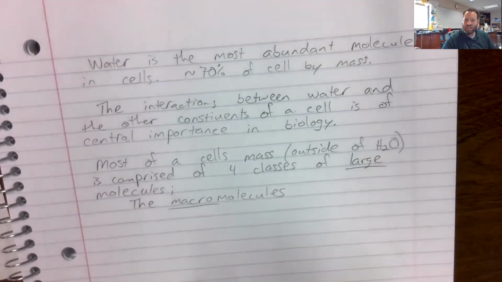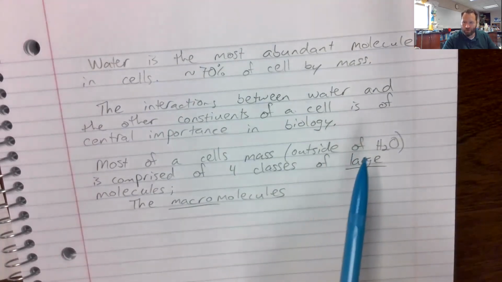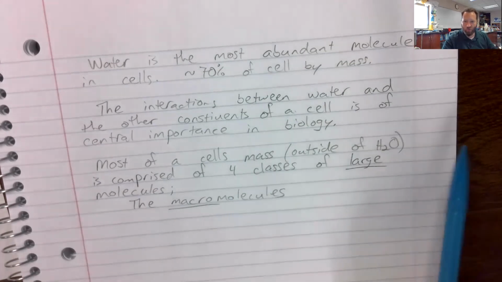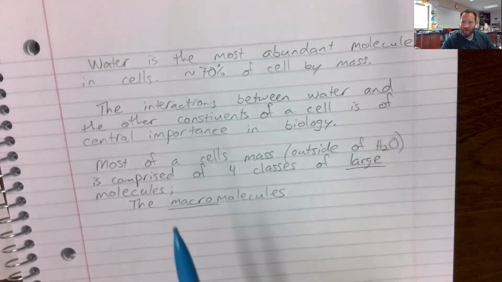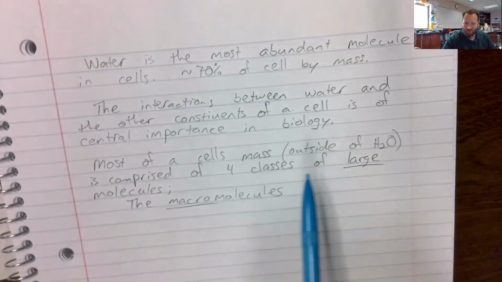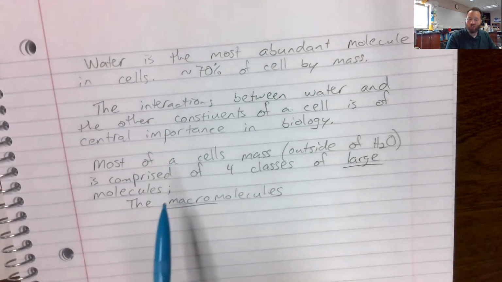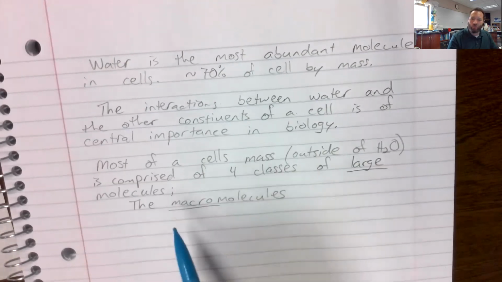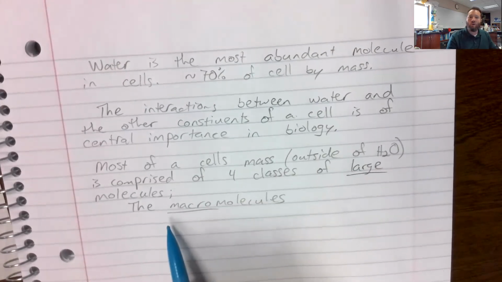Most of the rest of a cell outside of water, so if you could dry out a cell, if you take all the water out of it, most of the rest of that mass is comprised of 4 classes of what we call large molecules. The Greek word for large is macro.